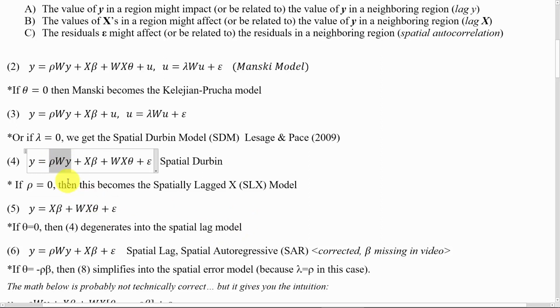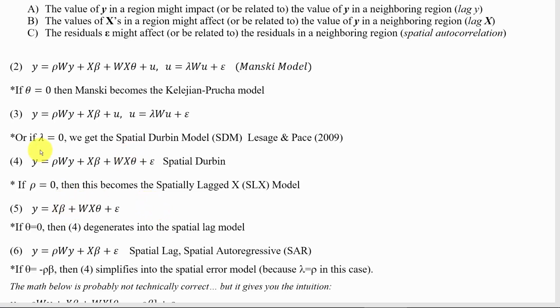Well, if rho equals 0, that means that neighboring values of unemployment don't affect our unemployment. So when you restrict that down, that just becomes what we call a spatially lagged X model, right here. And the SLX model, as we call it for short, just says that our unemployment rate is affected by our own explanatory variables and explanatory variables of neighboring regions.